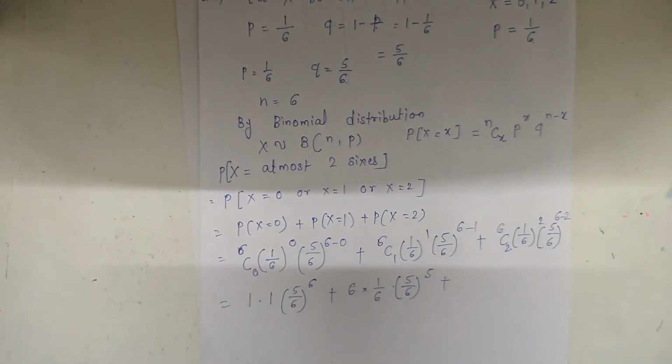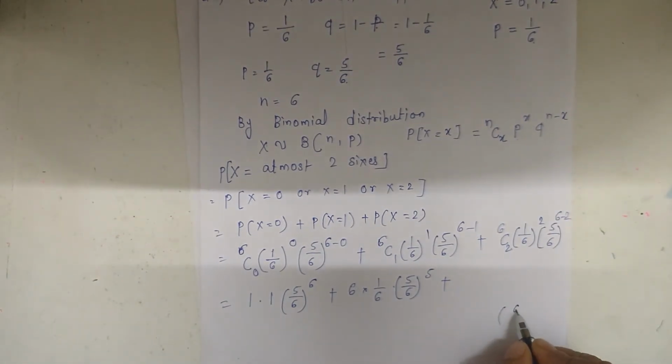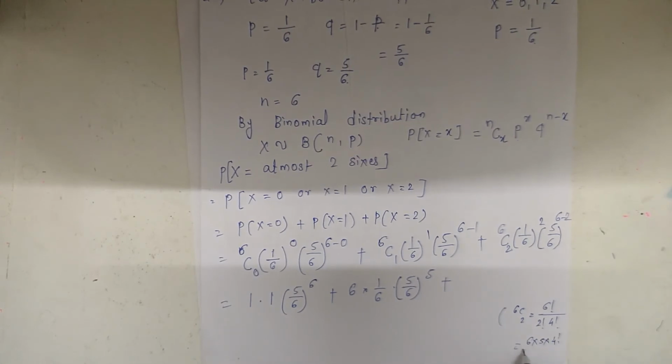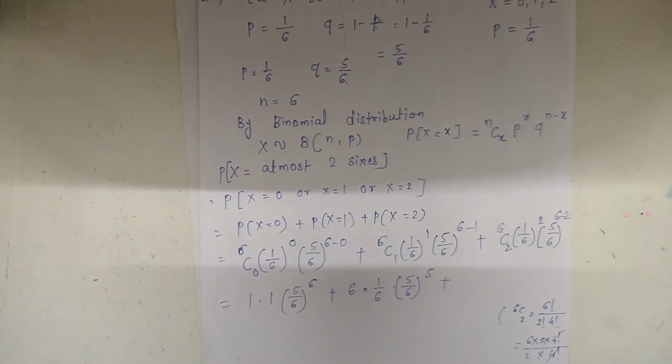calculating the 6C2 is equal to 6 factorial upon 2 factorial into 6 minus 2, 4 factorial. Write the 6 factorial in terms of 4 factorial, 6 into 5 into 4 factorial, then 4 factorial will be cancelled and 2 factorial is 2, 2 into 3 is 6, 3 into 5, 15.